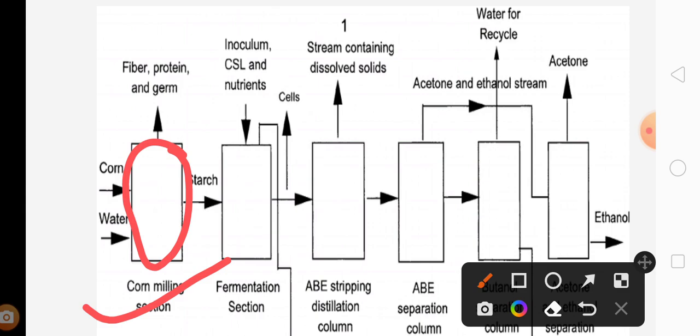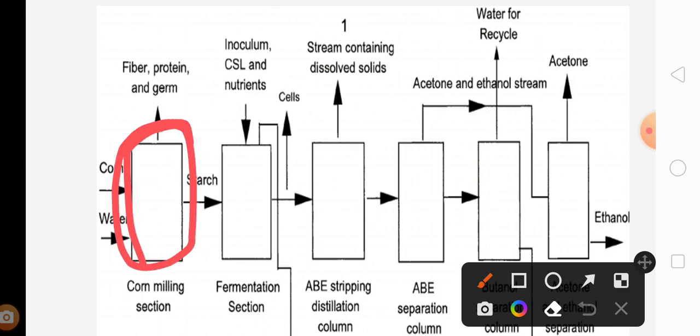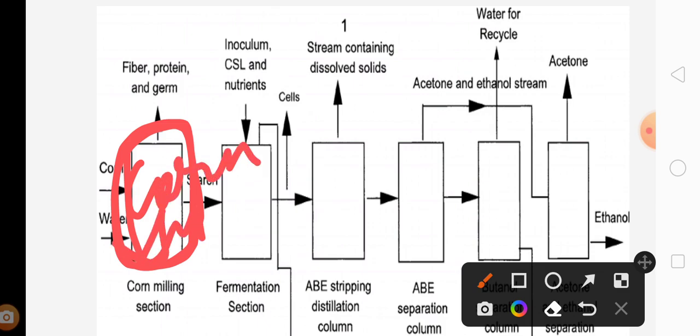In this vessel, corn and water are mixed, where corn is being milled, sieved, debraned, de-oiled. After which fiber, protein and germs are separated out. So the vessel now only contains corn syrup.